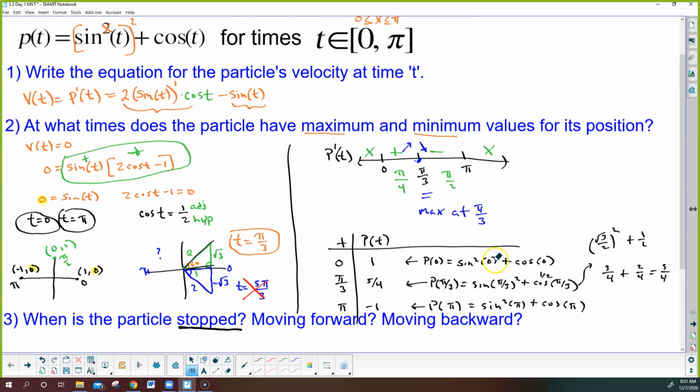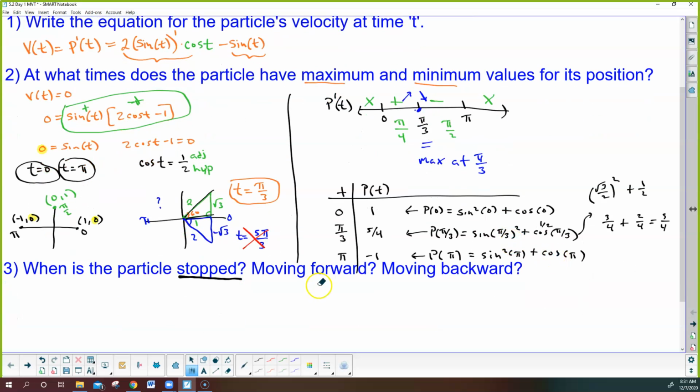So now we officially can determine what's happening at each point. And because this is a continuous function, I basically start at 0, and then I increase because I have a positive slope. So this would be a minimum.